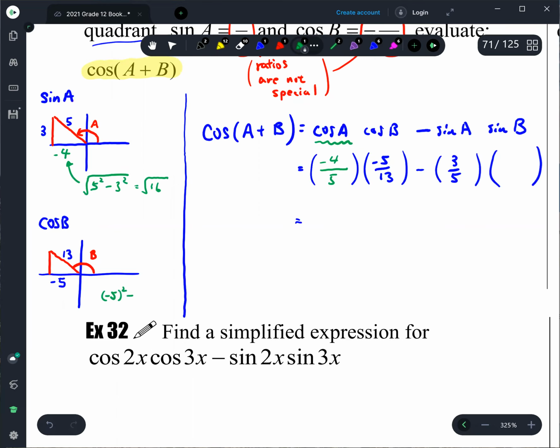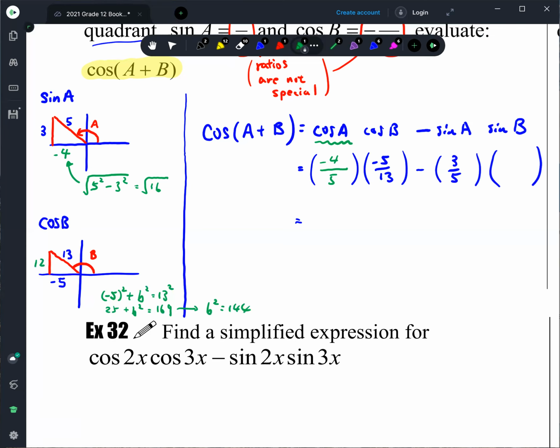I got a 12/13. I realized I did it wrong. Okay, yeah. Plus b squared equals 13 squared. So it's 25 plus b squared equals 169. So b squared equals 144. Yeah, okay, so B should be 12. So we have sine of B will be 12 over 13.